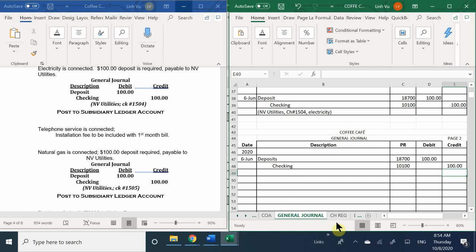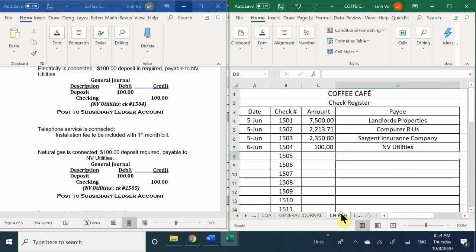All right. First things first is I have to write out my check and make sure I send it out. So I'm using my check register for June 6th. I wrote out a $100 check, and again, this time it's also to NV Utilities.